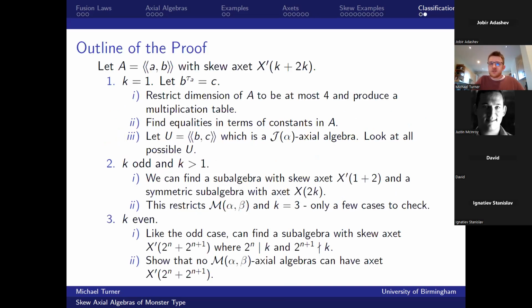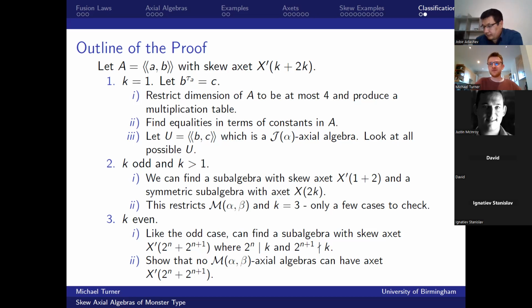So just to give you a flavor of how I managed to prove this, I had to split it into 3 parts. In my first paper, I looked at K equals 1. So let's assume A is a 2-generated axial algebra with a skew axet X prime 1 plus 2. Then we can take B, without loss of generality, to be the tau map of A that switches B with C. The first task was to find a spanning set for this algebra.